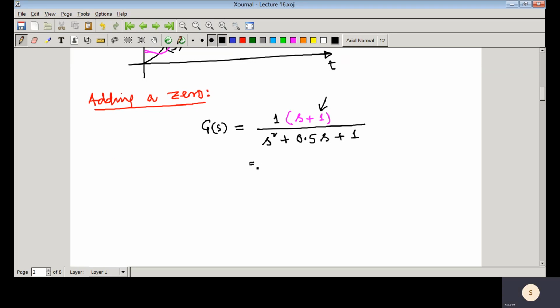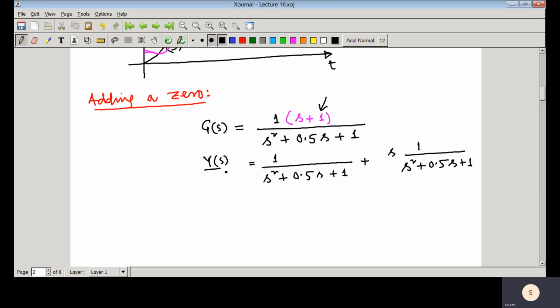So now we can write s by s square plus 0.5 s plus 1, that is output by input.